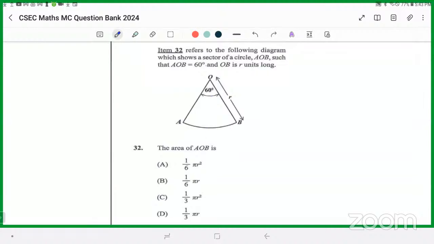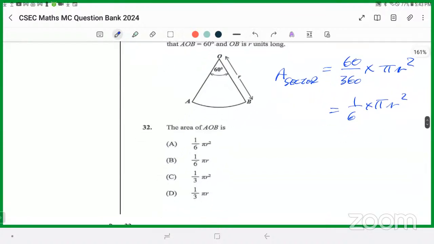The sector angle is 60 degrees, so the area of the sector is 60 over 360 times the area of the circle, which is pi r squared. And this 60 over 360 is 1 over 6. We divide 360 by 60. So you get 1 over 6 times pi r squared. So this is the answer you're looking for. 1 over 6 pi r squared, which is the first one.